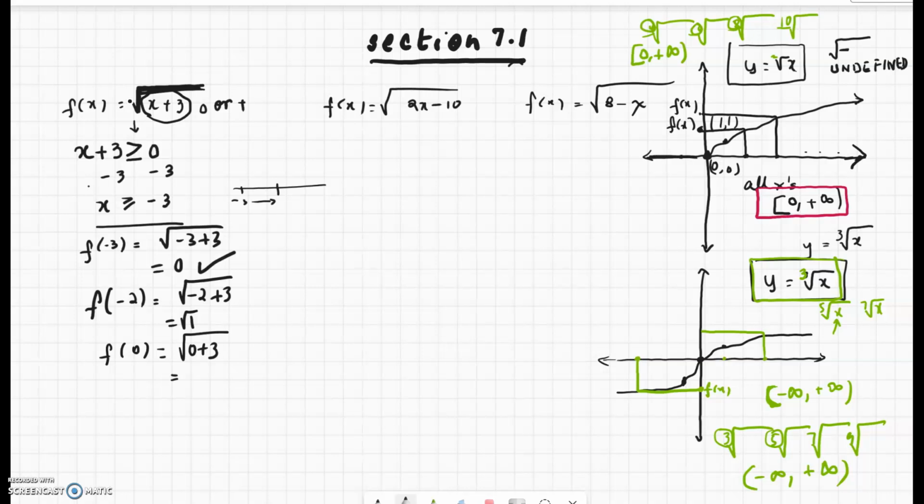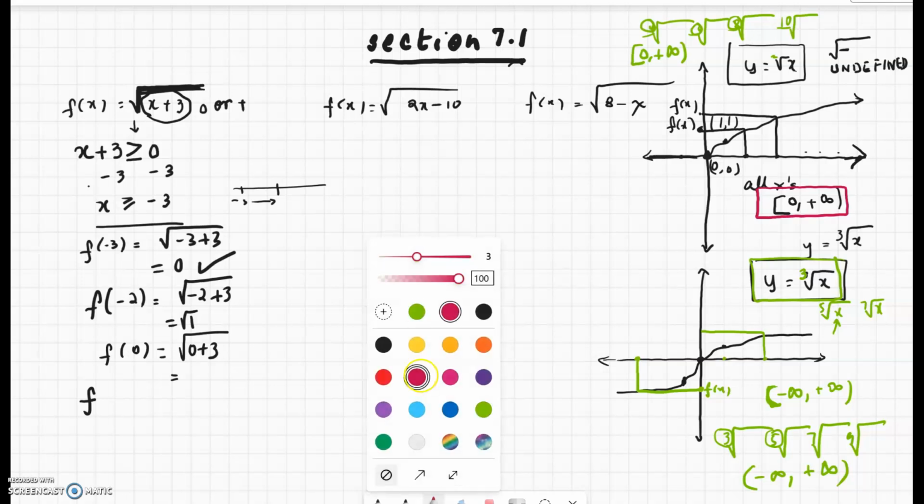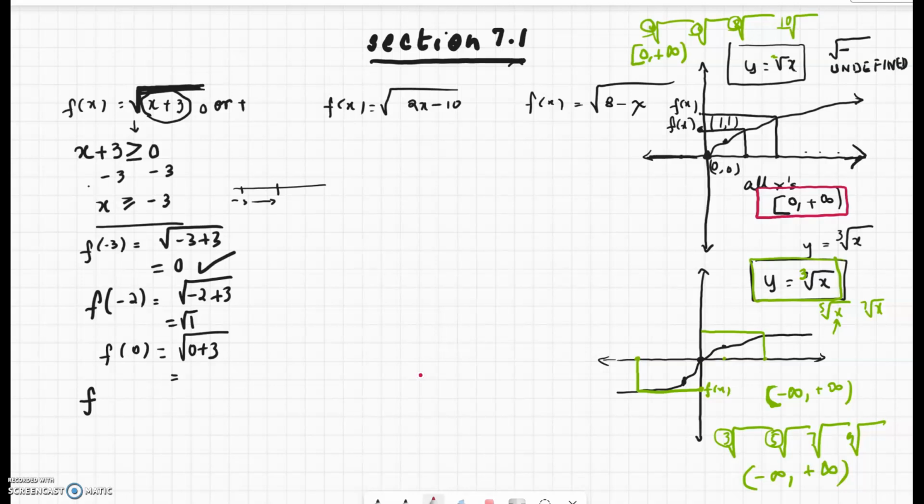But what if I plug in a number that is less than negative 3, let's say a negative 4. What happens when I plug in a negative 4 into the function? It becomes negative 4 plus 3, which is square root of negative 1. What's wrong with that? It's undefined.